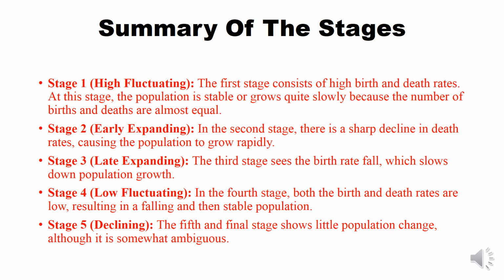Stage 4, low fluctuating or low stationary. Both birth and death rates are low, resulting in a stable population. Stage 5, declining. The fifth and final stage shows little population change, although it is somewhat ambiguous.